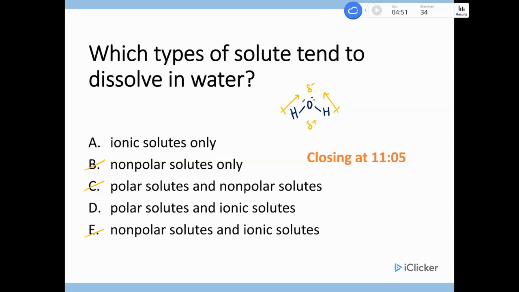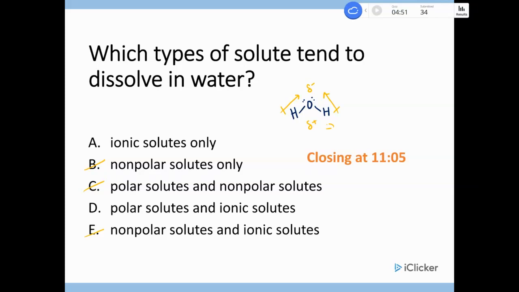So now the question is, can it dissolve both polar and ionic or just ionic? Well, we know that water itself is a polar molecule, so it can dissolve. It has a dipole. It can dissolve all other polar solutes. It also can dissolve ionic solutes because we have in water, there are the partial negative and partial positive areas.